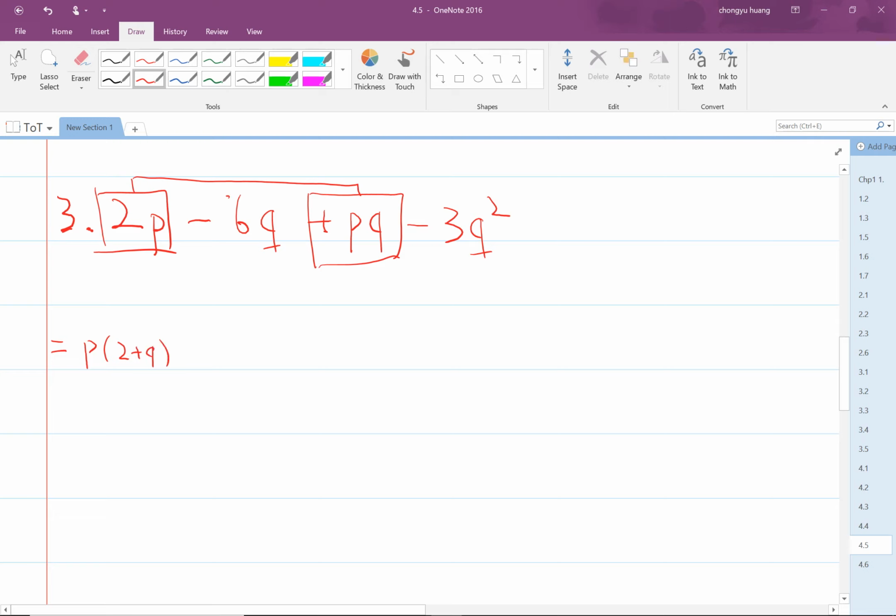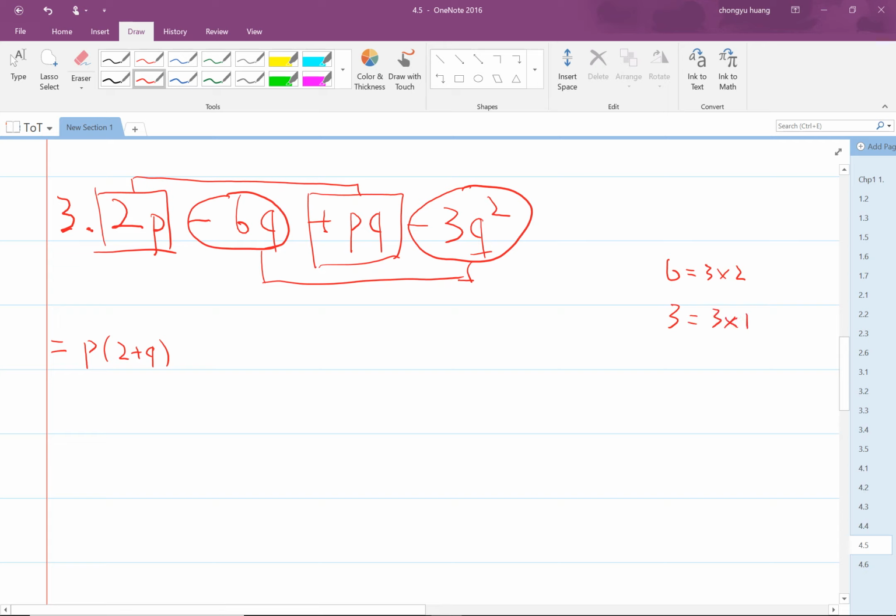Then you pick the other two terms. In the other two terms we have a 6, which is equal to 3 multiplied by 2, and we have a 3, which is equal to 3 multiplied by 1.